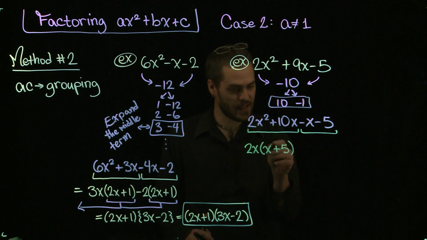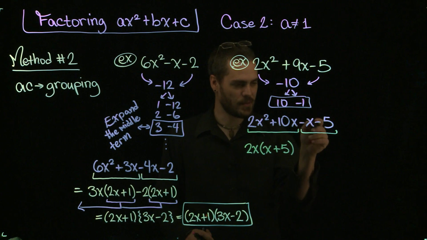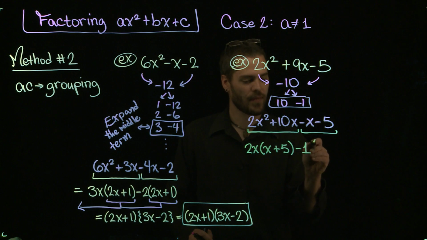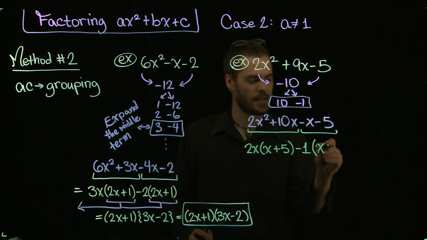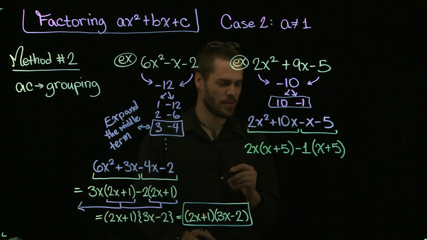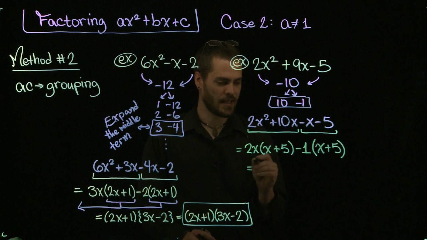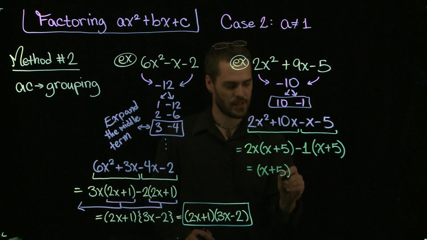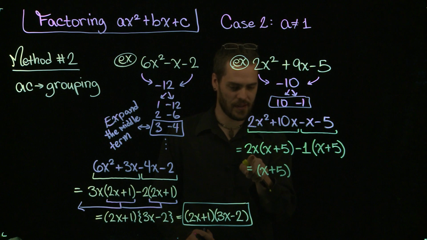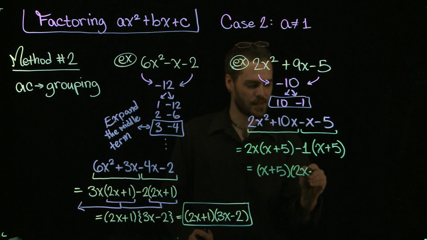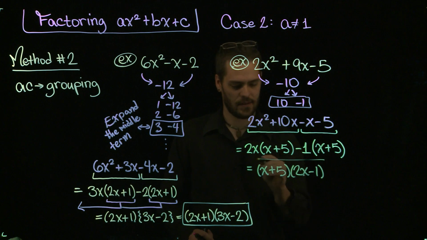I want to try to get another x plus 5 from these guys, and it looks like I can factor out a negative 1. Parentheses, that would leave me with x plus 5. All right, I got the common binomial factor. Getting the common binomial factor, I can factor that out. There's my x plus 5, and what I'm left with are these two guys, 2x minus 1 in the other set of parentheses. And there it is.